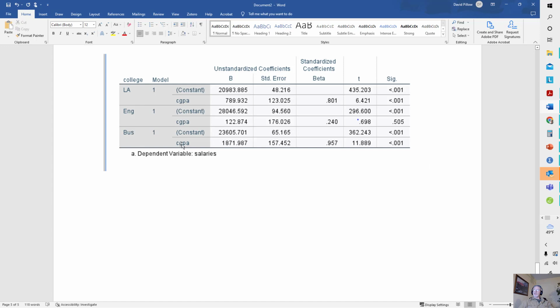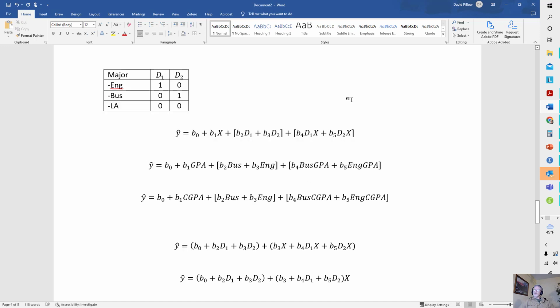And then we have the business majors, and their slope is 1871. That is a significant simple slope. And there is the constant for that. So showing this mathematically, what we've just done is to basically look at this equation here, where I have a continuous variable, a set of dummy codes.